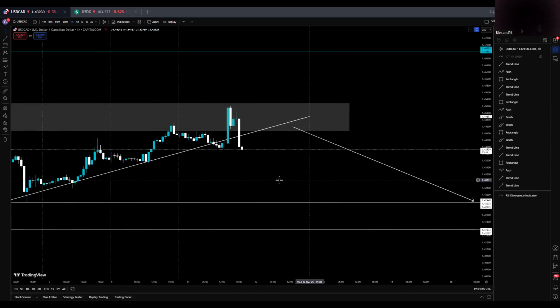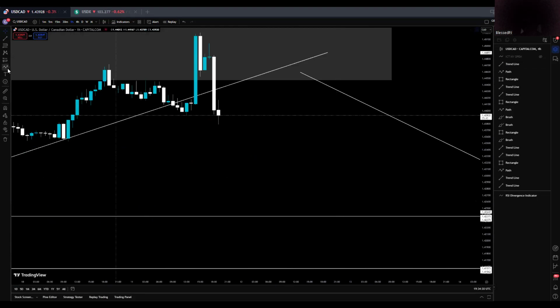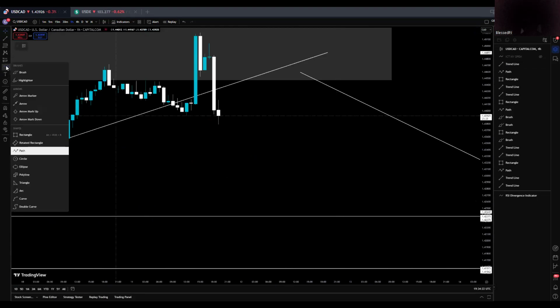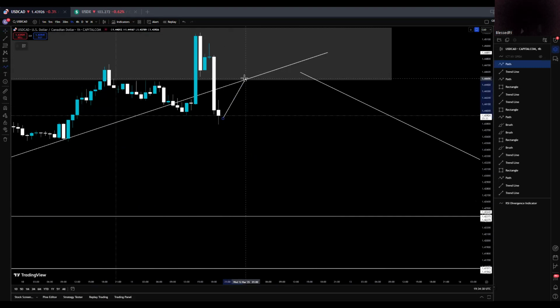Now, how to get into this trade will depend on candle formation. Depending on the candles we see here, we determine if we get into this trade.